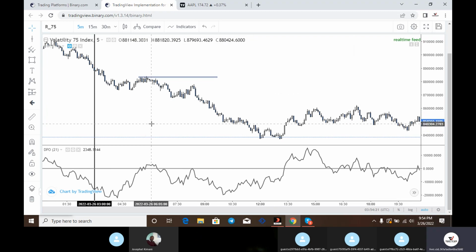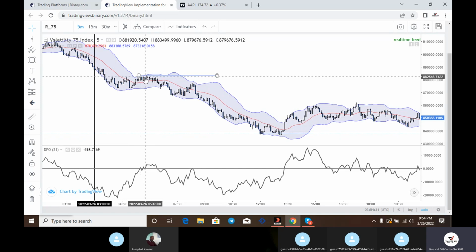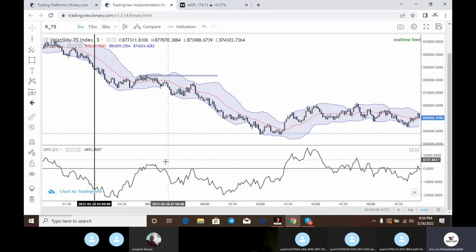Now, on the 5-minute time frame, we have to just wait for price to hit the top part of the Bollinger Band first, and then the next thing is for price to go below the zero line on your detrended price oscillator.